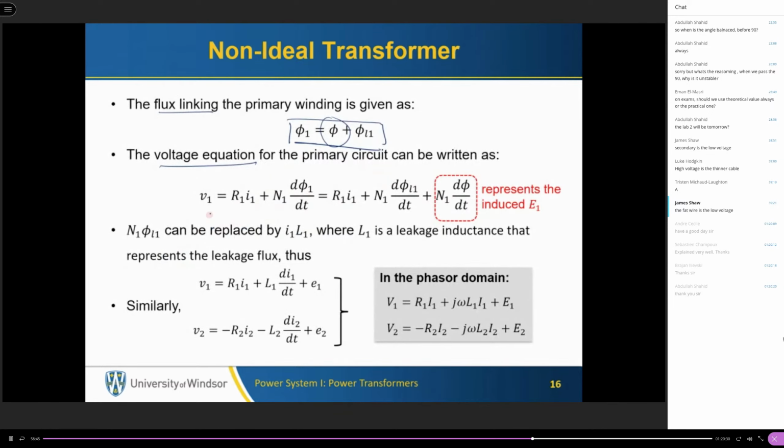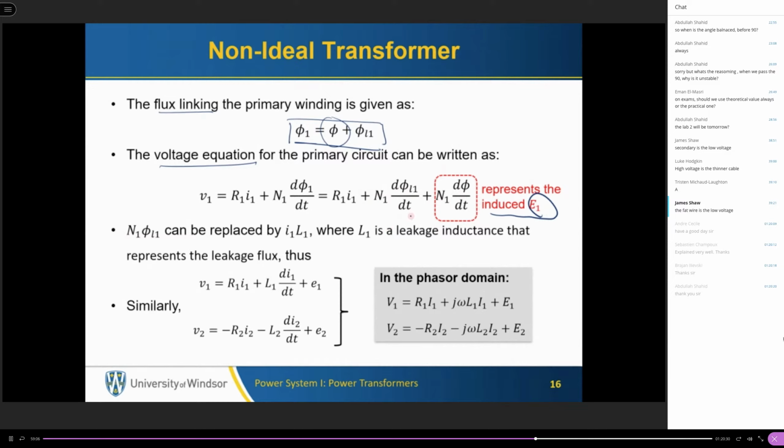So we have V1 that is equal to R1 I1 plus N1 d phi 1 by dt. Phi 1 has two components: the leakage component and the core component. This core component represents the induced internal voltage, E1.